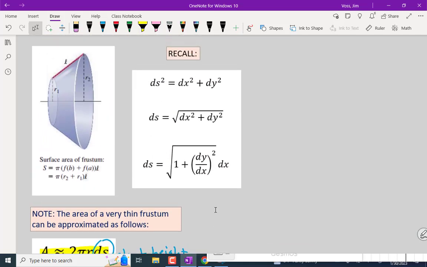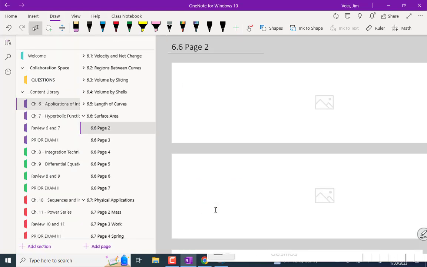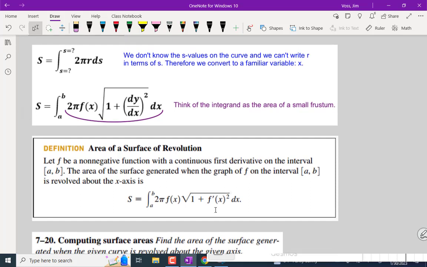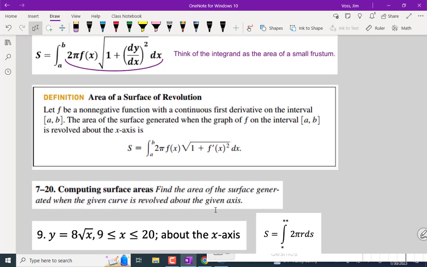We've got the ds, and we're going to rewrite it in terms of dx so that we can integrate, because we know all about x. So when we look at the limit of the Riemann sum, up here we know nothing about s. We've got to replace the ds. We replace the ds with the arc length formula, and that gives us the surface area formula.